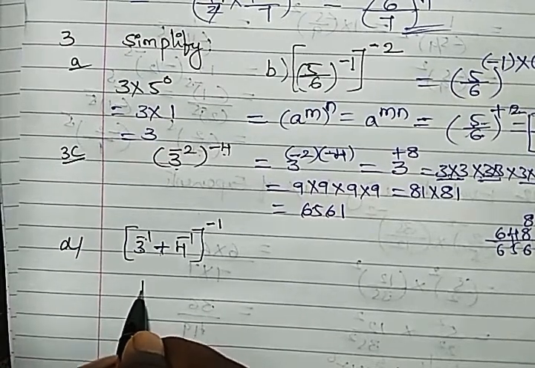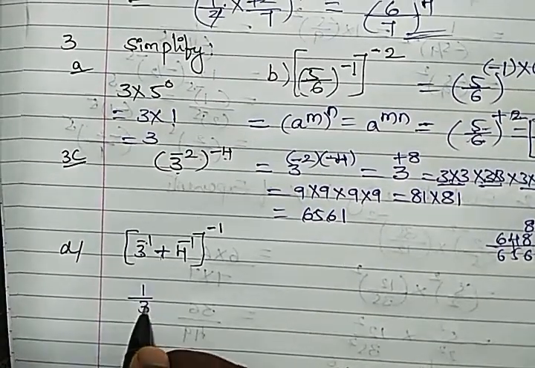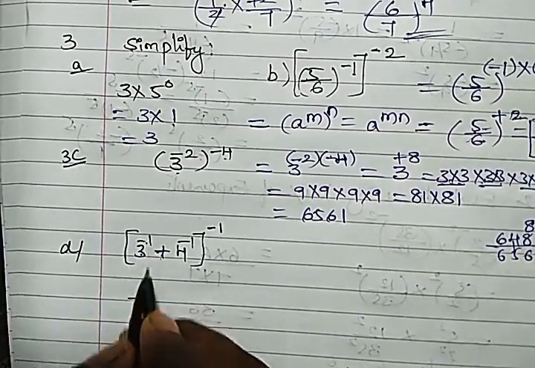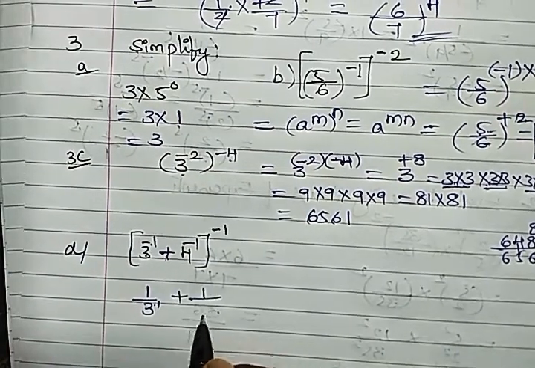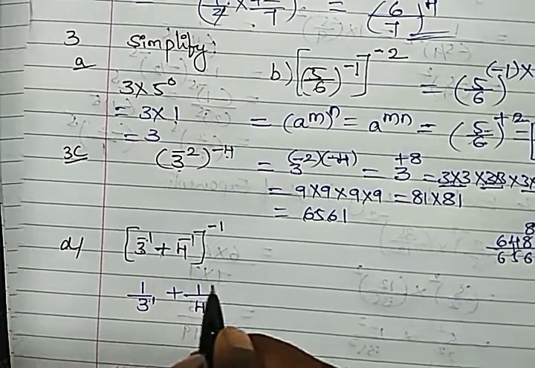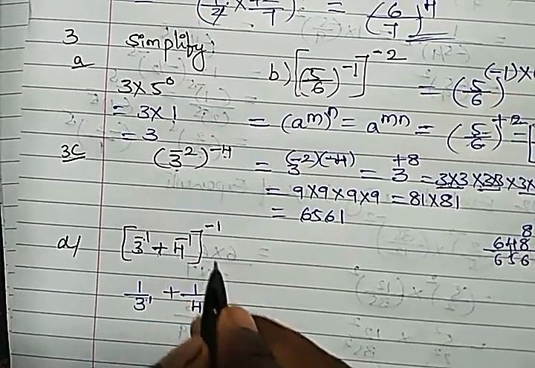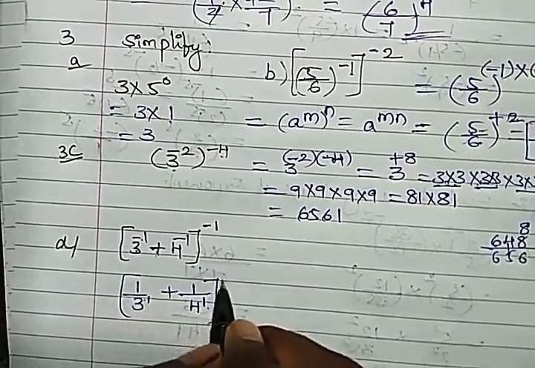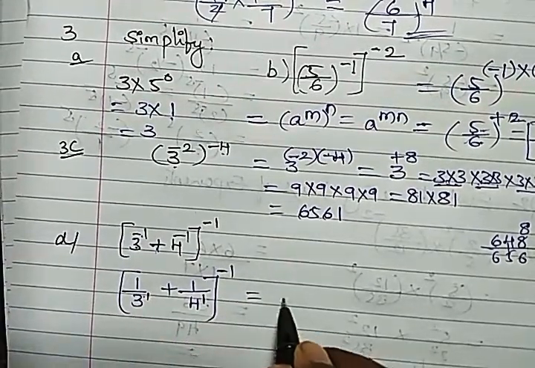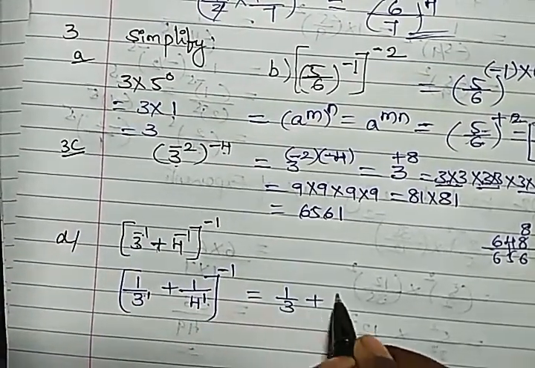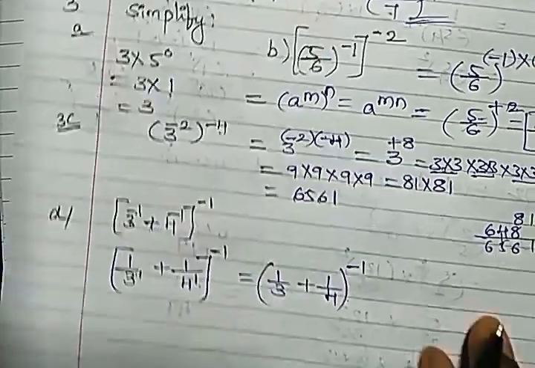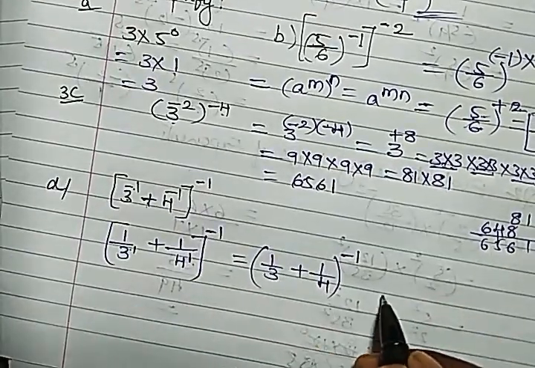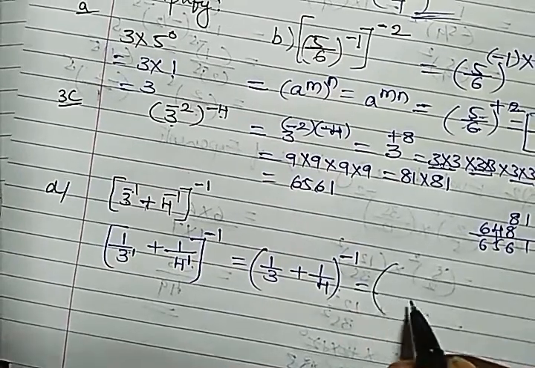3 power minus 1 can be written as 1 by 3 by taking the reciprocal. This minus 1, when it comes down, becomes plus 1. Same for 1 by 4 power 1, bringing it to the denominator and changing the sign. Whole power minus 1. Again, this can be written as 1 by 3 plus 1 by 4 whole power minus 1. Take the LCM inside the bracket.